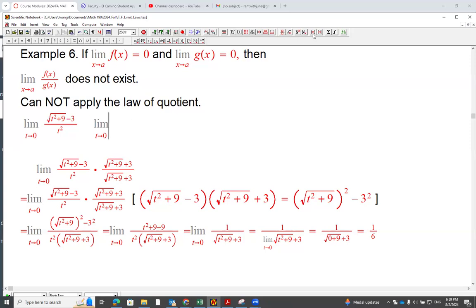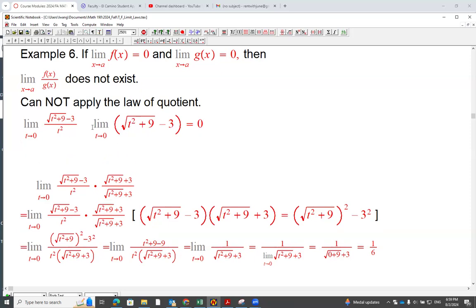We can do direct substitution. This is equal to 0. The denominator obviously is also equal to 0, and this limit for t squared is also a direct substitution equal to 0.